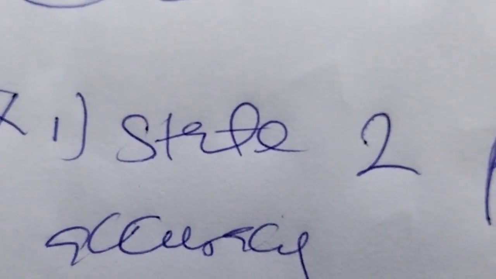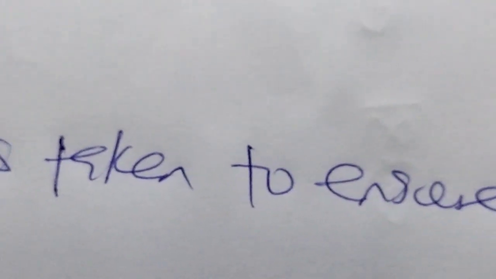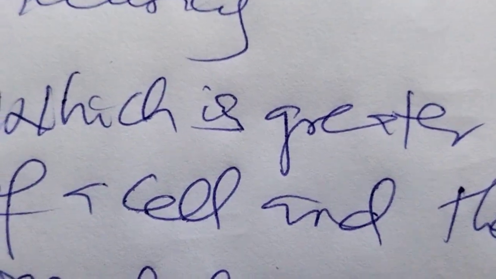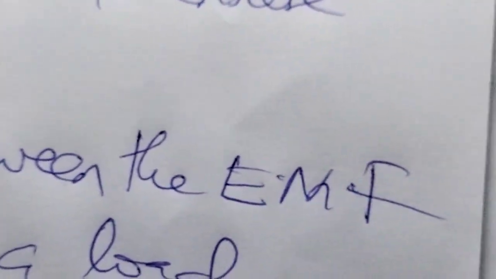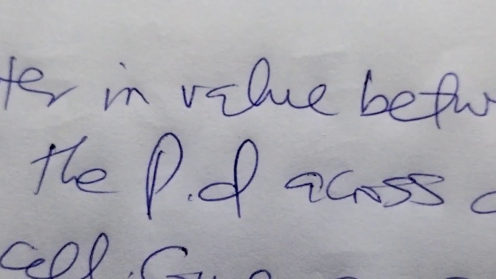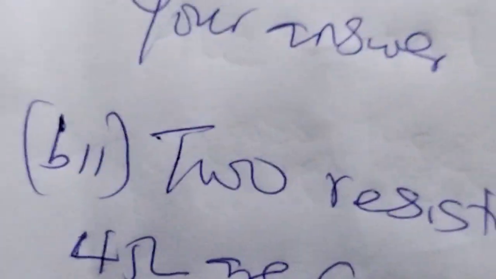Then XI, state 2 precautions taken to ensure accuracy. B I, which is greater in value between the EMF of a cell and the potential difference across a load connected to a cell? Give a reason for your answer.